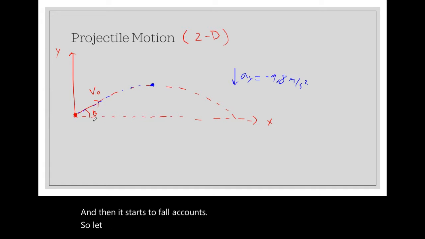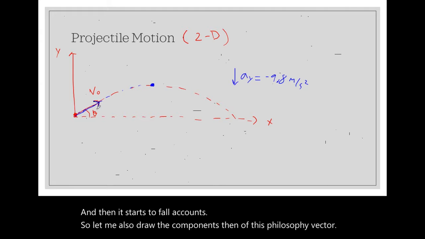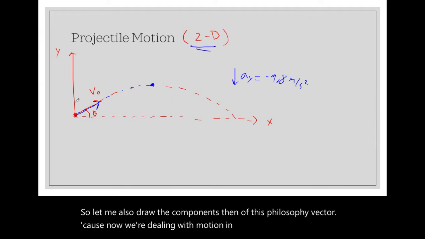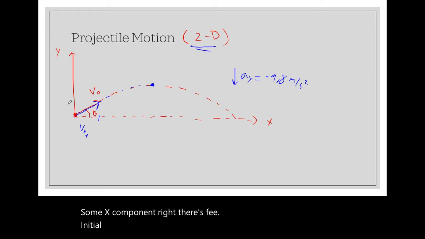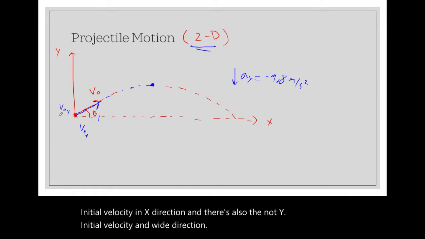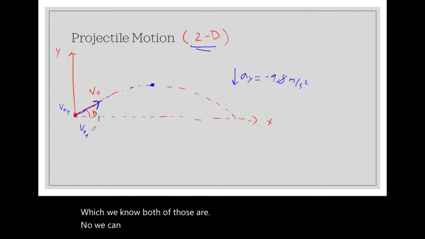So let me also draw the components of this velocity vector, because now we're dealing with motion in 2 dimensions. There's some x component, v naught x, the initial velocity in the x direction, and there's also v naught y, the initial velocity in the y direction. We can rewrite those in terms of sines and cosines.